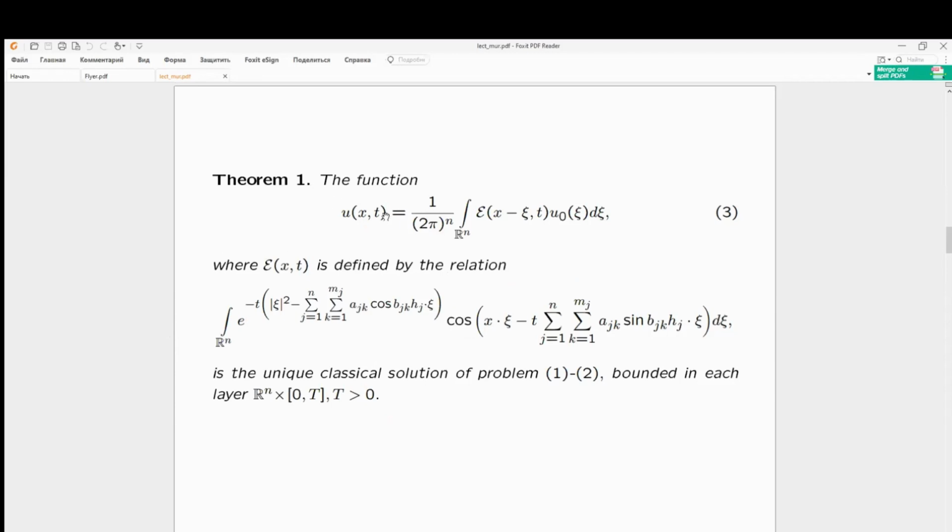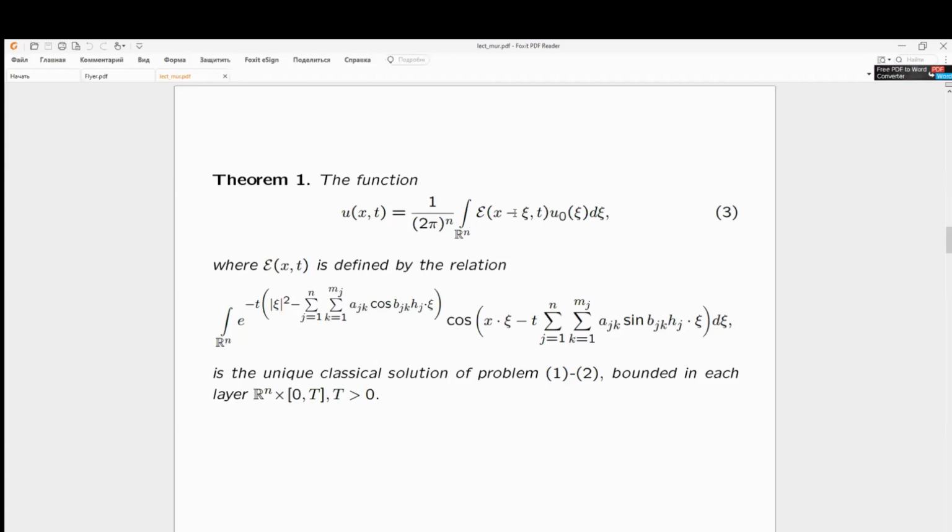Note that this theorem, which is actually the unique solvability theorem and the theorem on the integral representation of the solution, is valid without any additional assumptions about coefficients and other parameters of the equation.